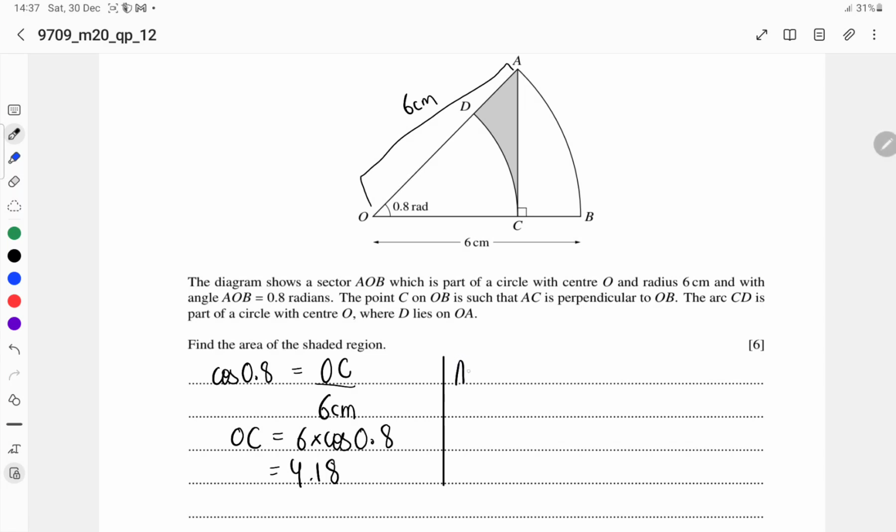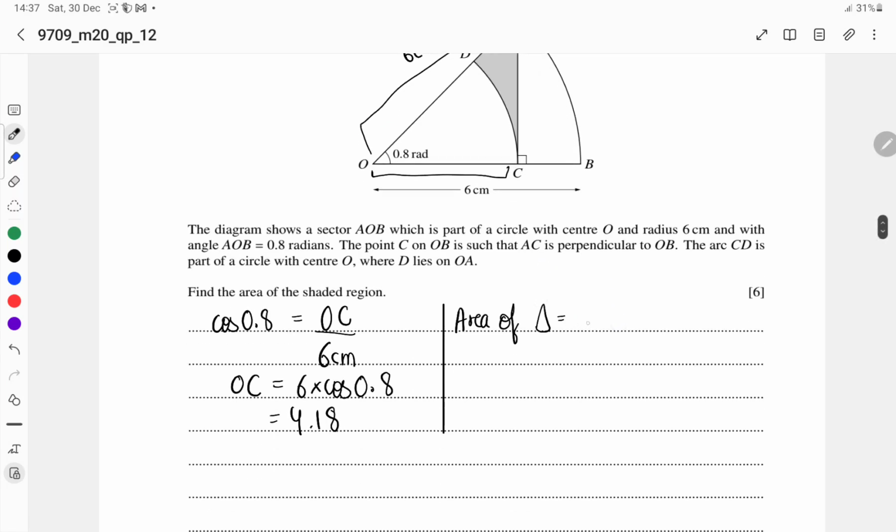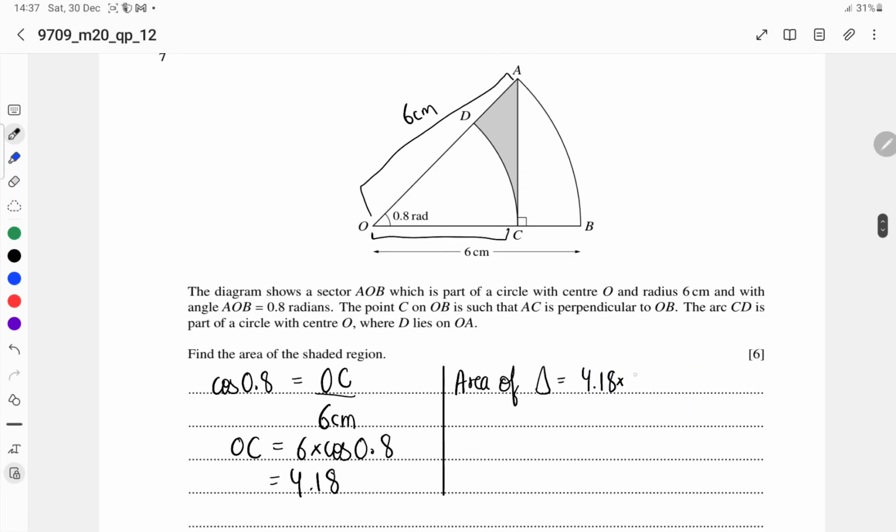So let's find the area of the triangle. The area of the triangle is going to be this side multiplied by this side into sine of 0.8, right? It can be 4.18 into 6 into sine of 0.8, whole over 2.